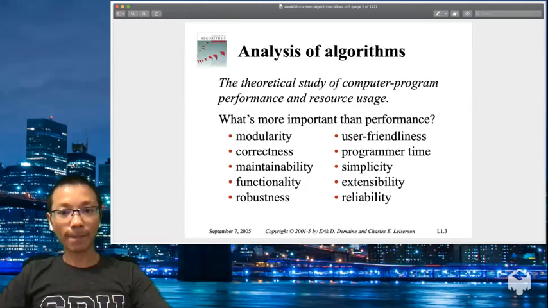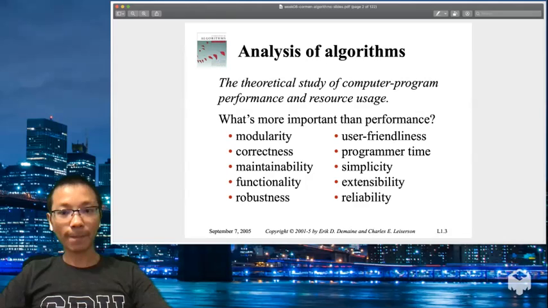So you want to make sure your code actually communicates its intent, perhaps with appropriate comments, to the other engineers that might be maintaining the code. And then we'll also talk about functionality, that may be important to the user, but not necessarily that important when you talk about a core algorithm.